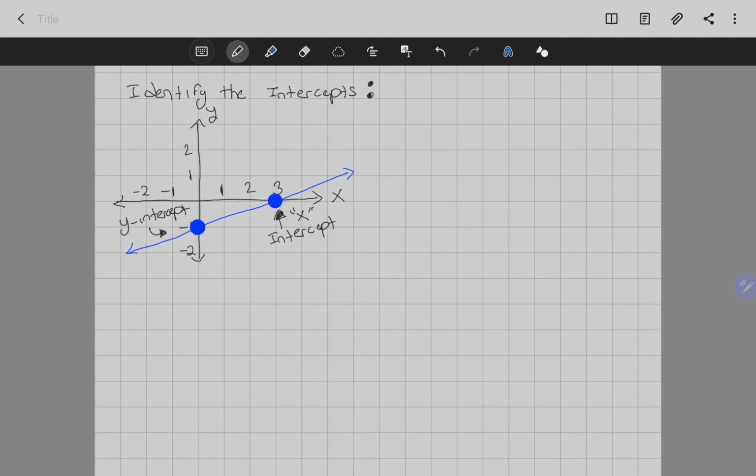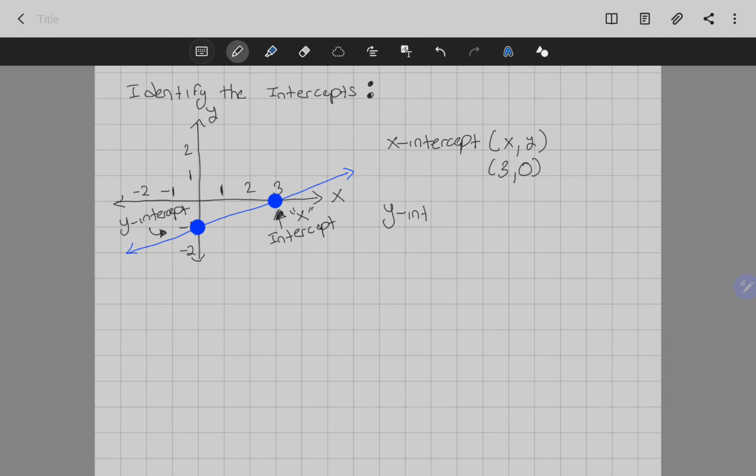And this one is the y-intercept because it crosses the y-axis. So what we want to do here now is we want to just identify the x-intercept is, once again, remember, x goes first and then the y. So my x in this case is 3 because it's not somewhere at the 1 or -1 or 2. The y is just 0.